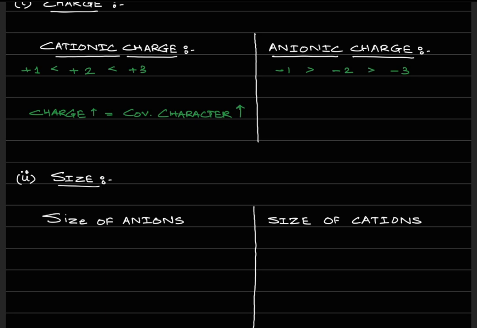But in case of anion, we talk about something called polarizability. Polarizability is maximum when Z effective is minimum, and Z effective is minimum in the case of -3.